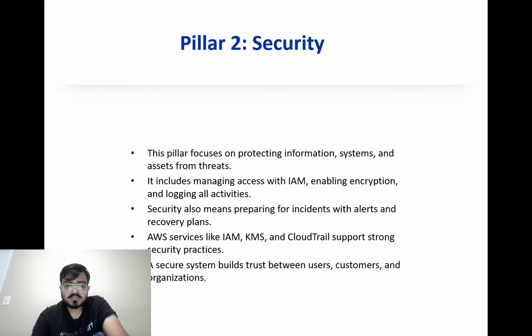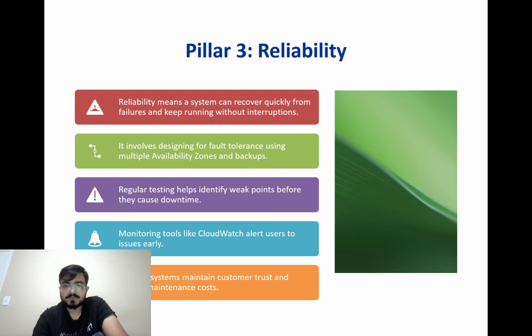AWS services such as IAM, KMS, Key Management Service, and CloudTrail are used to manage permissions, encrypt data, and record actions in your account. When security is strong, customers and users can trust your system with their data.